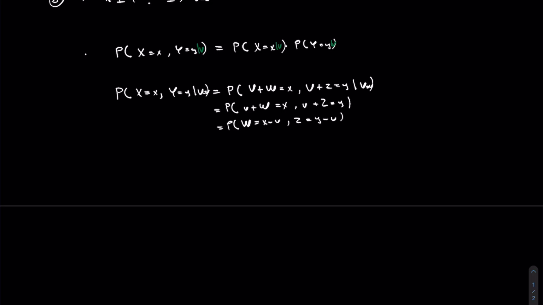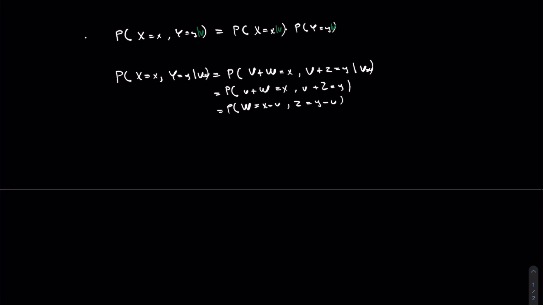All right, and we know that W and Z are independent. And what v has done here is basically shifted by a constant. So for any value x and y, we'll be shifting the analysis by v. So what we have here is W equals x minus v, and Z equals y minus v.